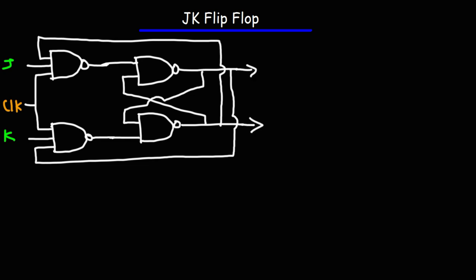So that's how you can draw the circuit for the JK flip-flop. Now let's call the output of the first NAND gate S, and we'll call this R. And the final output we'll call Q, and the other one Q bar.